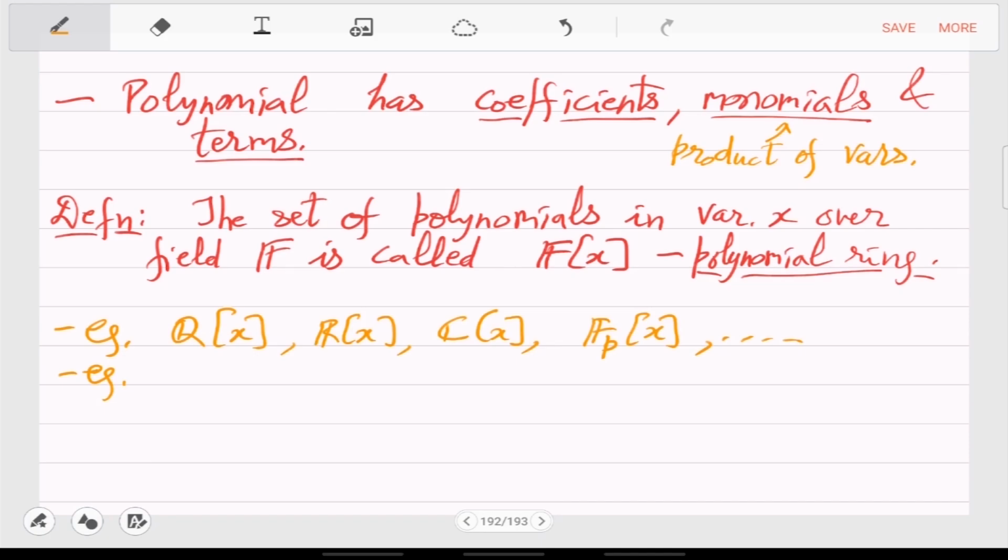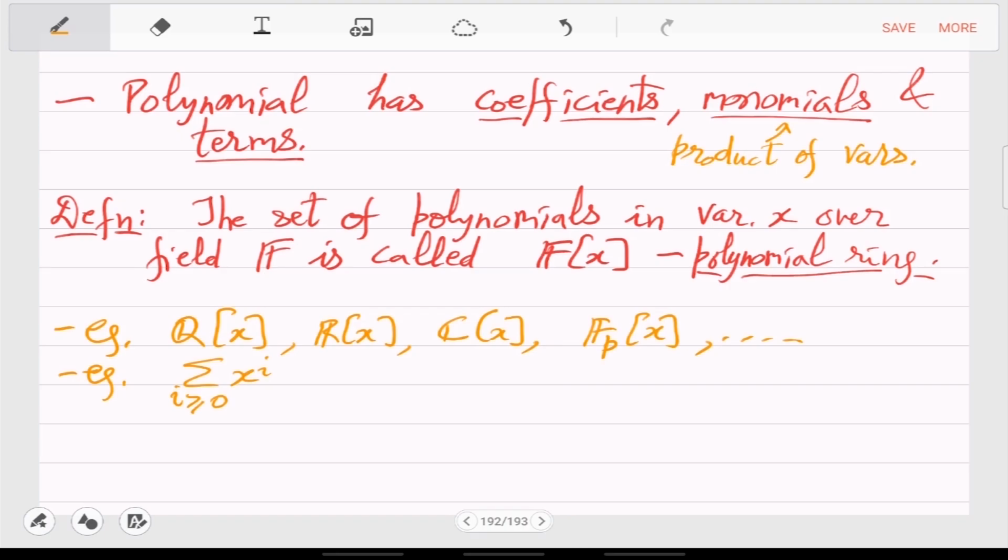Now in the ring Q[x], do you have this element? If you do an infinite sum on the terms, is this an element of Q[x]? It's a trick question.